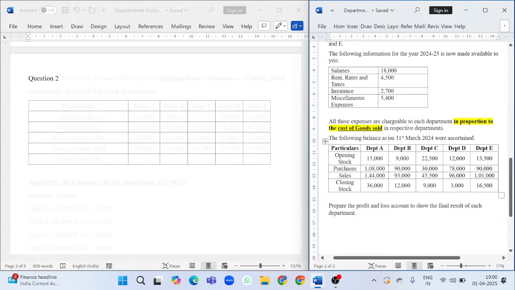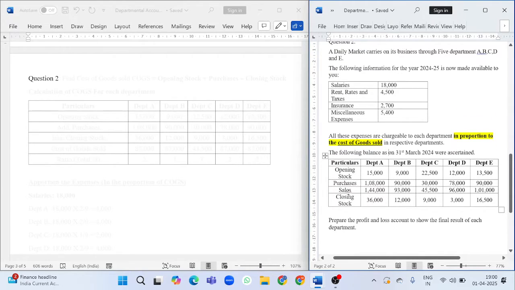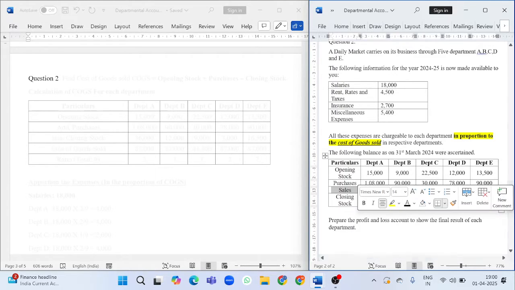So opening stock they have given for each department, purchases they have given, sales they have given and closing stock they have given. Can anybody tell in the comment box why they have given all these details? Because we have to calculate cost of goods sold. For that, we need opening stock, purchases and closing stock, and sales will be shown on the credit side of the trading account.